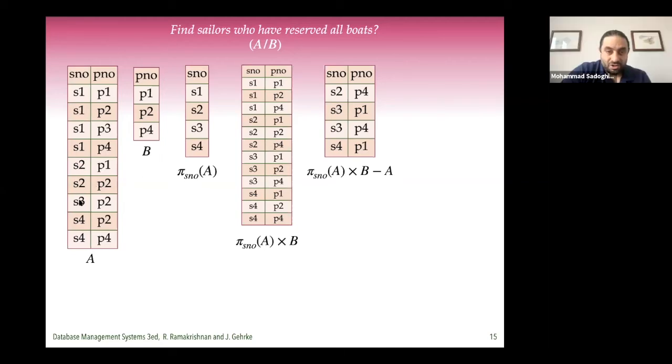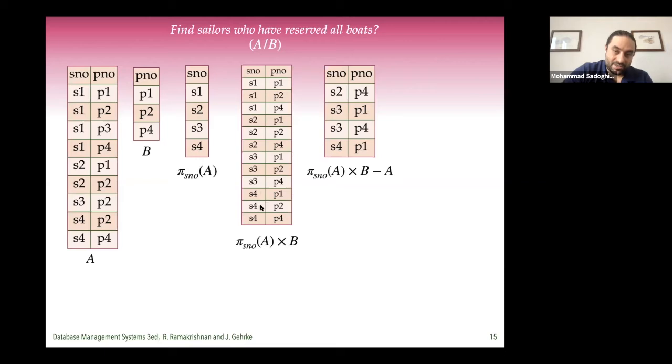One possibility was that S2 also reserved P4. But since S2 didn't actually reserve it, it will show up here. So what we're going to get here is the list of all boats that each sailor did not reserve. Does that make sense?